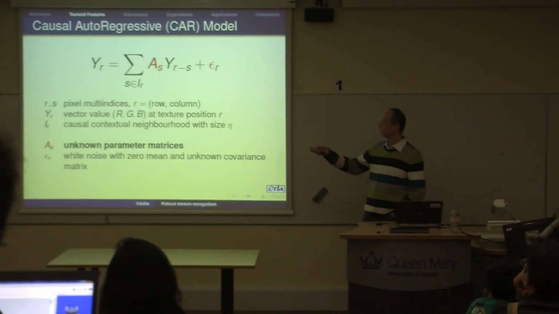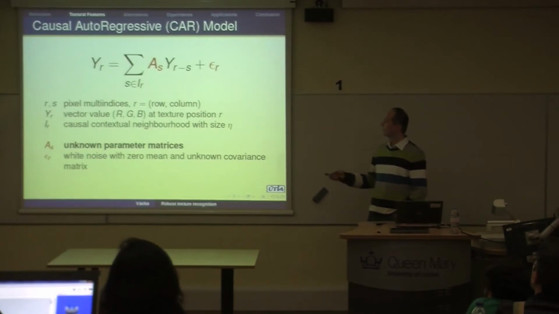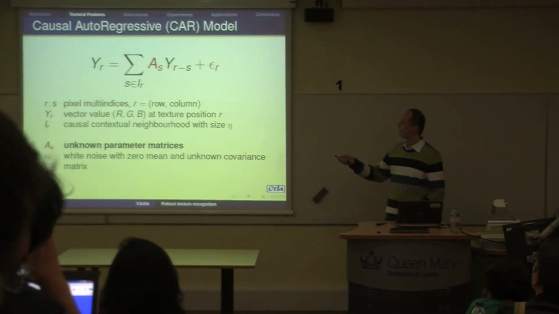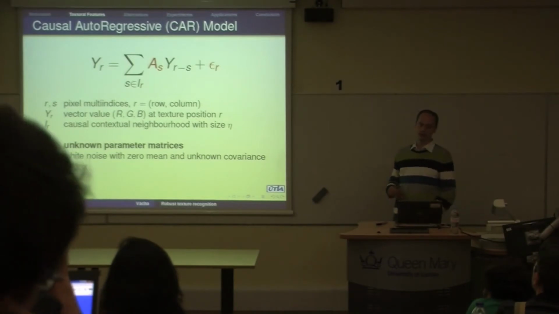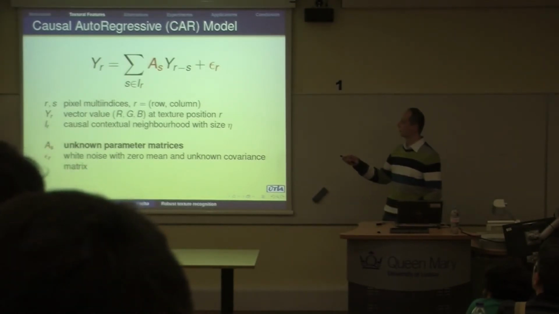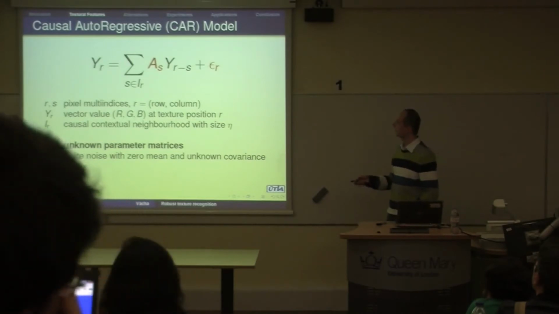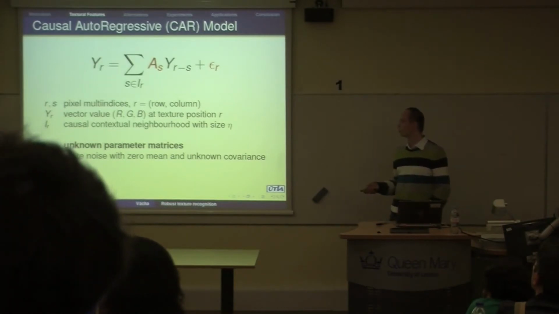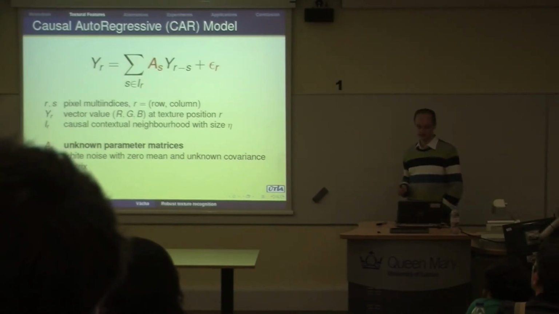In ordinary images, it's a three-size vector composed of red, green, and blue, and we assume that the pixel value can be expressed as a kind of linear combination of its neighbors. So these are the neighbors, and these are the unknown parameter matrices. In an RGB case, these matrices are 3 times 3. Plus some Gaussian noise, which is supposed to have zero mean and an unknown covariance matrix.